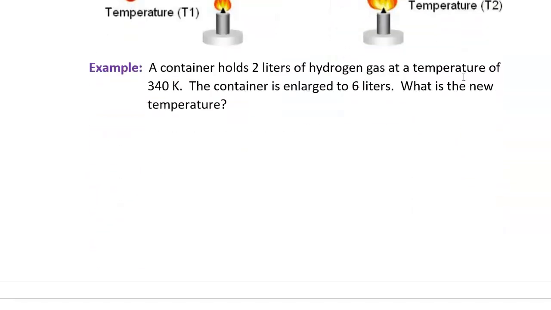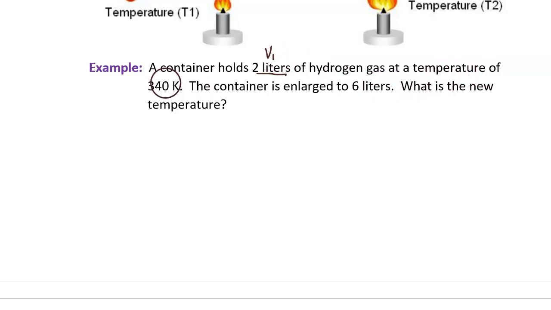Let's take a look at an example problem in which we'll end up using Charles' Law. And let's apply our problem-solving technique of when we read through it, underline all the measurements and label them with their variables. Here we go. A container holds 2 liters of hydrogen gas. 2 liters is a volume. So that's V1, the first volume. Now let's read farther.